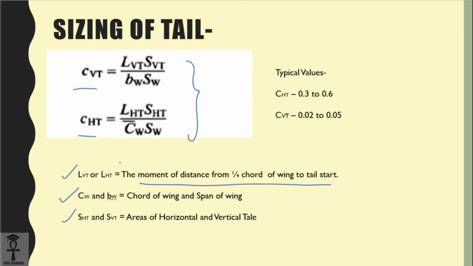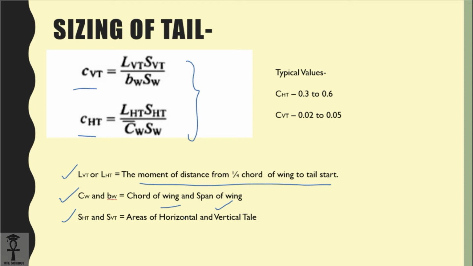After that, the CW and BW represent the chord and wingspan of the wing respectively.